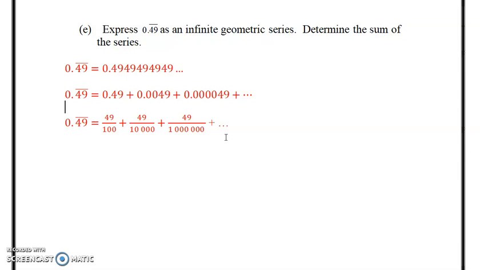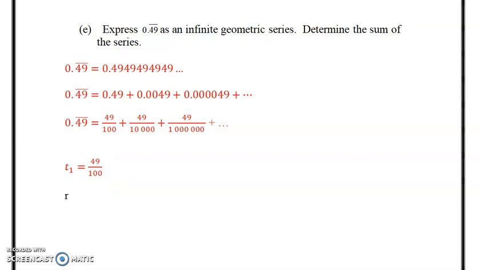All right, let's write down what we know. We have T1 equal to our first term, which is right here, 49 over 100.